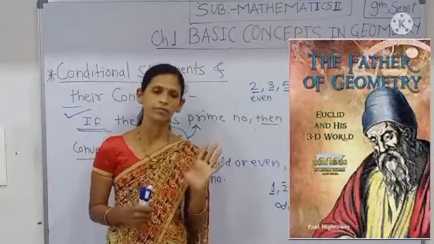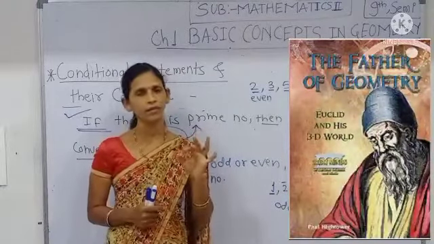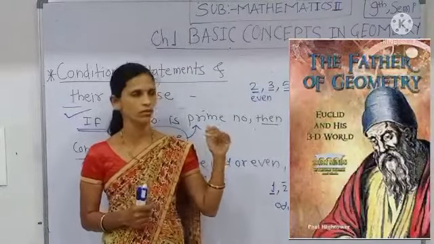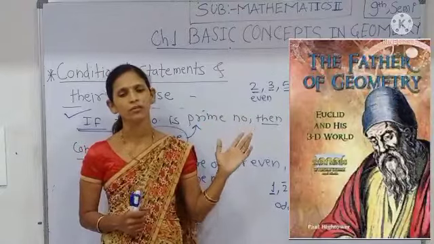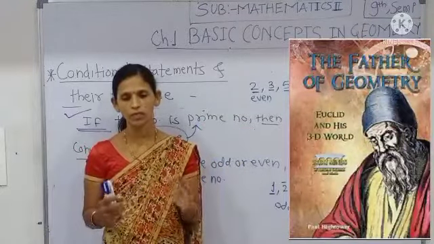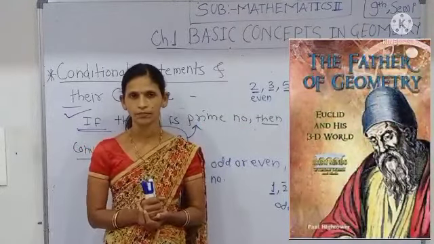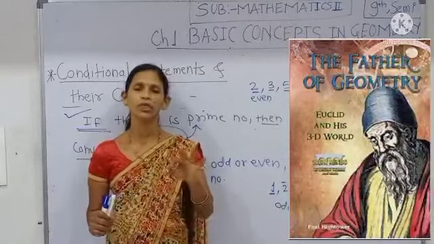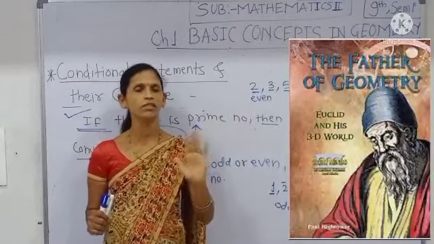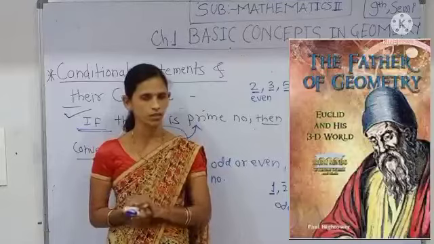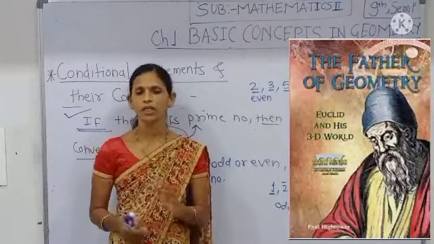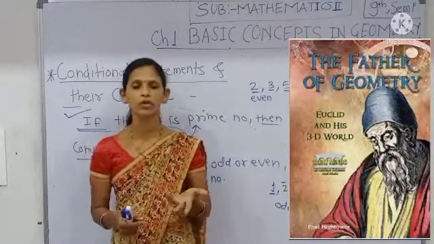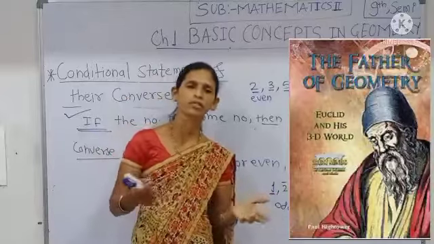In ancient times, that great Greek mathematician Euclid gathered the knowledge of geometry related to conditional statements and their converses, and he gave evidence for a few geometrical statements.